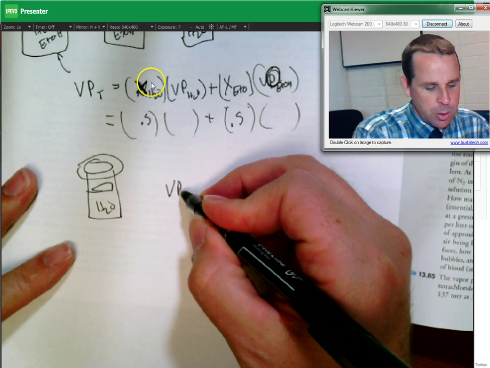Therefore, this is 0, that whole term cancels out, and all we're looking at is the new vapor pressure being the mole fraction times the original vapor pressure.